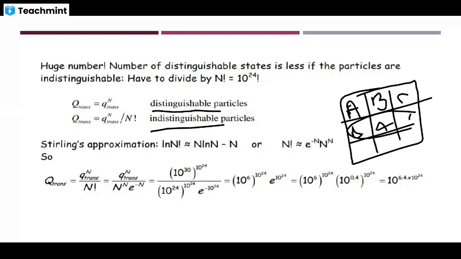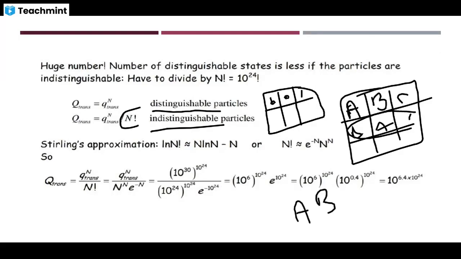But if you have indistinguishable particles, they are like dots. Each dot is indistinguishable, so you should divide by n factorial. Because if AB is distinguishable, AB is different from BA.